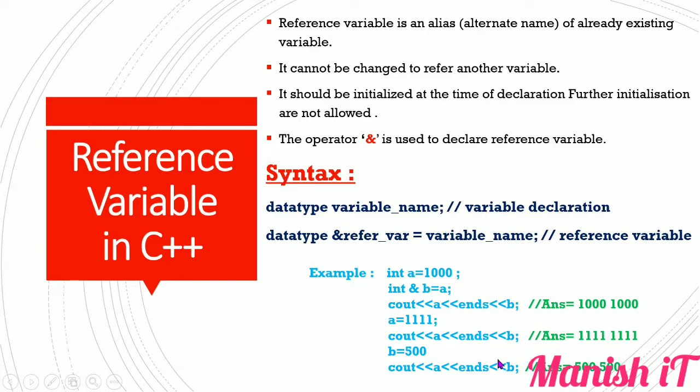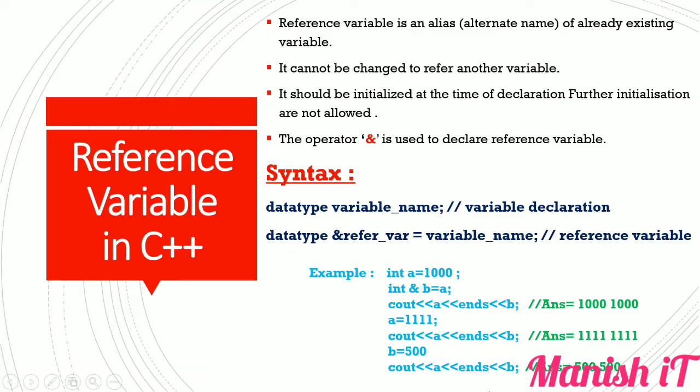Someone calls it a linked variable, someone a reference variable, someone a copy variable. Why copy variable? Because it is copying a. In the third case, the b value is 500, and a also copies the value of b. So it is also called a copy variable.